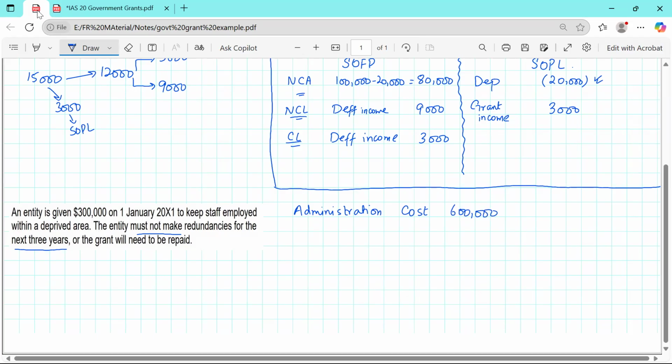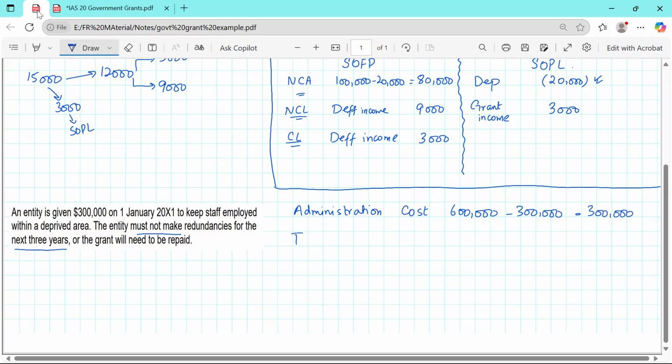The salaries are recorded in the administration cost. The company is facing challenges paying the salaries of the employees, so the government is saying, okay, no problem, let us give you the grant. So the grant is given. Just deduct this 300,000 from here. So in SOPL, you will record how much amount? 300,000. That is the first treatment.